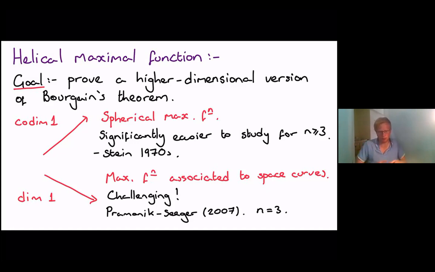So these become much more difficult to study in high dimensions. Prior to our work, as far as I'm aware, there was only one paper that made any significant inroads on this problem, and that's due to Pramanik and Seeger, from about 2007. They were interested in the three-dimensional case, and I'll come back to this paper in a few minutes.